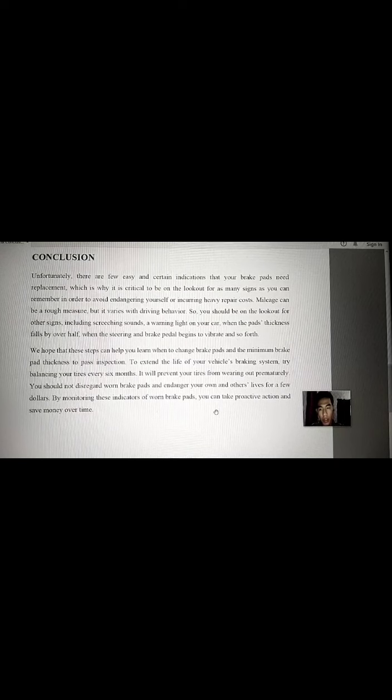We hope that these steps can help you learn when to change brake pads and the minimum brake pad thickness to pass inspection.